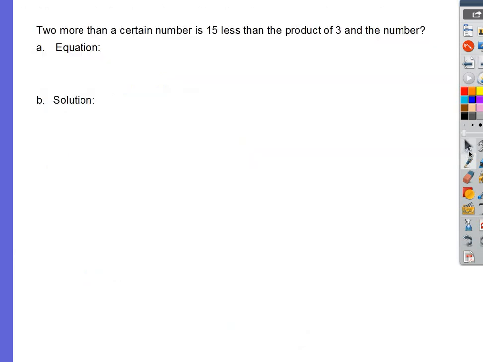Okay, the last thing that I want to talk to you guys about is sometimes you're given not necessarily a real world problem, but just an equation in verbal form. So we just need to know how to break that apart. So you have two more. Okay, so remember, more means to add. So I'm just going to translate it as I see it. So 2 more means I'm adding 2, okay, than a certain number.